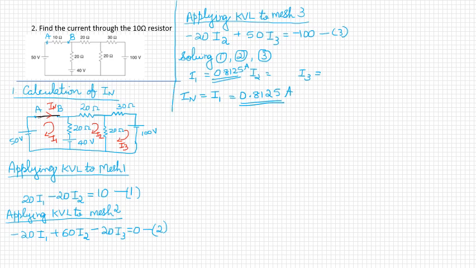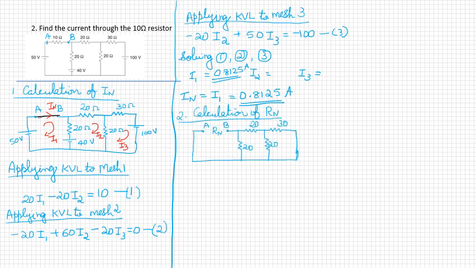The next thing is to find the value of the Thevenin resistance. In order to find the Thevenin resistance, replace all the voltage sources by a short circuit and find the resistance between terminals A and B. Here the 40 ohm and this 20 ohm are in parallel, but in series with this 10 ohm resistor.